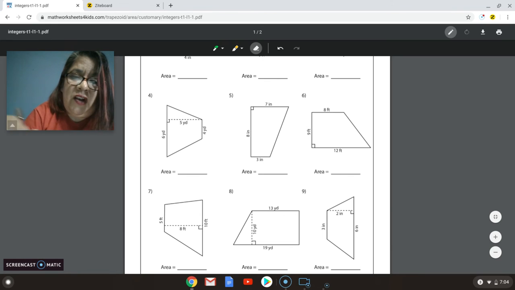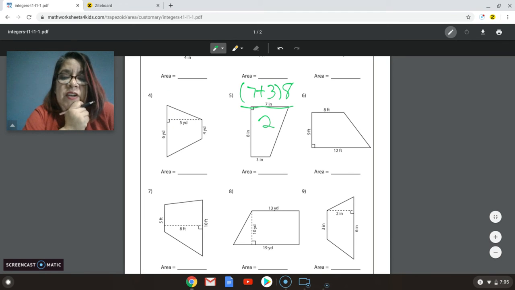Great. So when I write this down, this is going to be 7 plus 3 times 8 divided by 2.